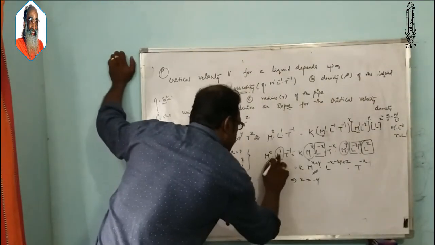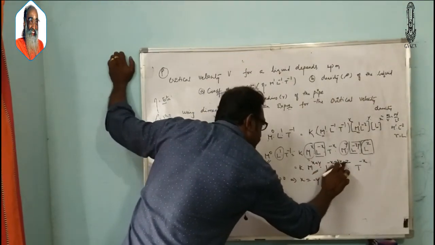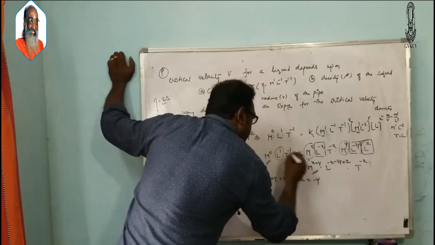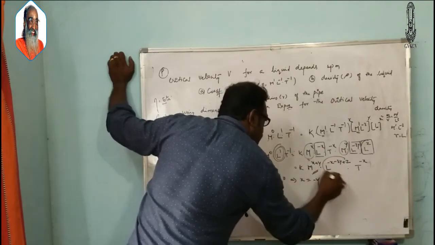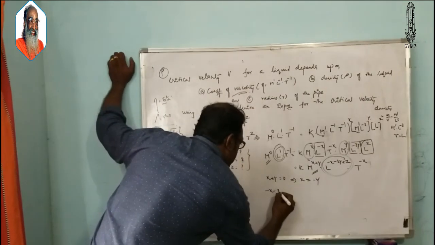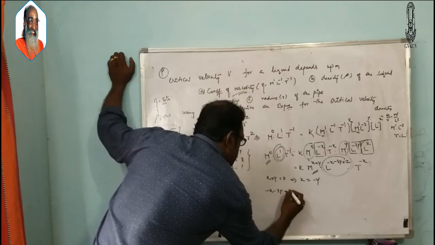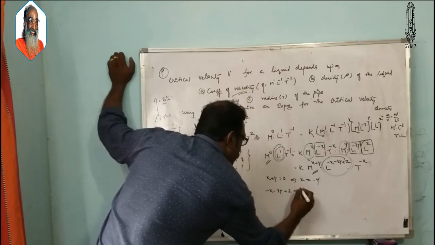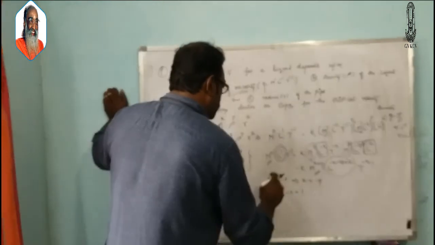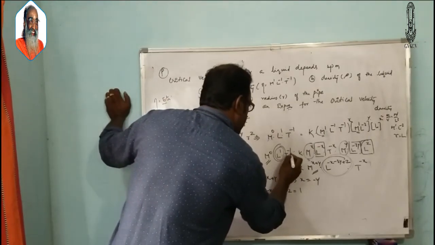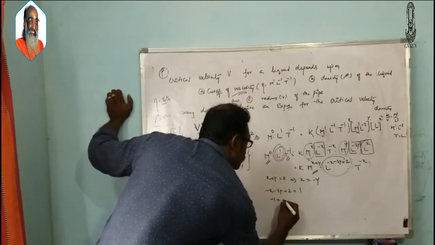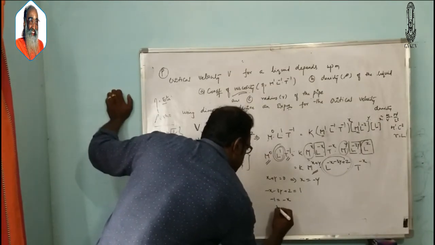For length, it is 1 on the left and minus x minus 3y plus z on the right, so minus x minus 3y plus z is equal to 1. And for time, minus 1 is equal to minus x, so x is equal to 1.